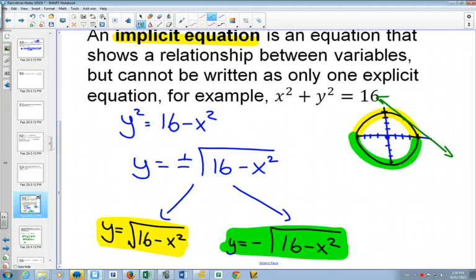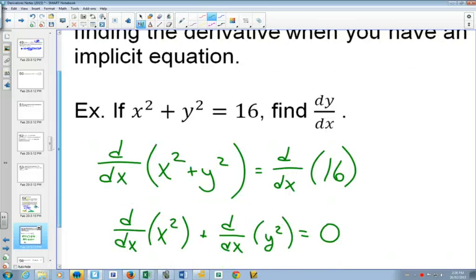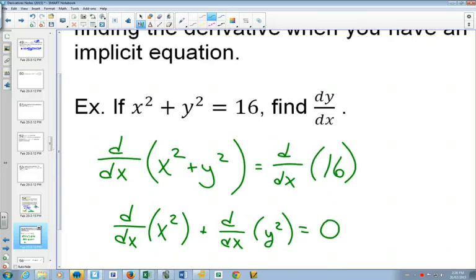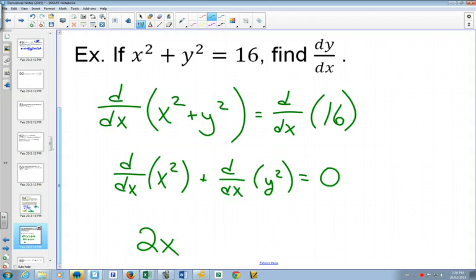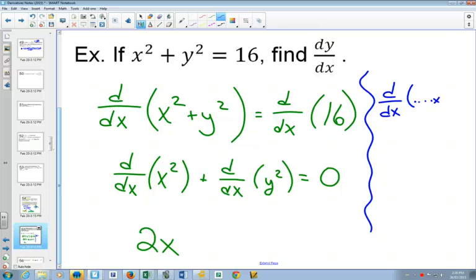So what we're going to do in this case is imagine that this y is something with x's. I think it helps you see it if we use our imagination and actually write something with x squared.